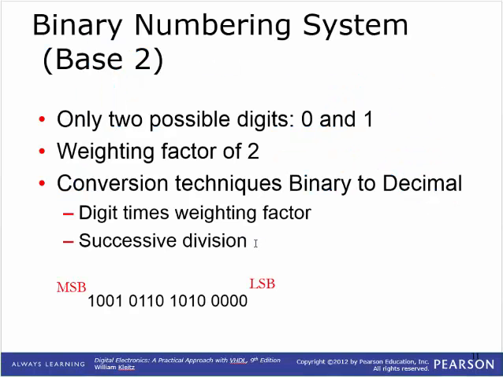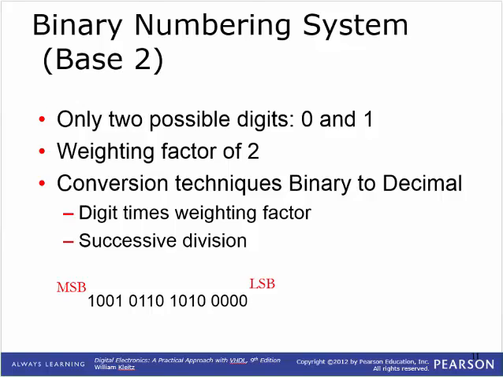So now let's look at binary. Most of you, I think, are in Cisco, so binary will be very familiar to you, but we will go over it anyway, and the techniques that we're using in the binary system to convert between binary and decimal, because some of these techniques will also be used in our octal and hexadecimal system.